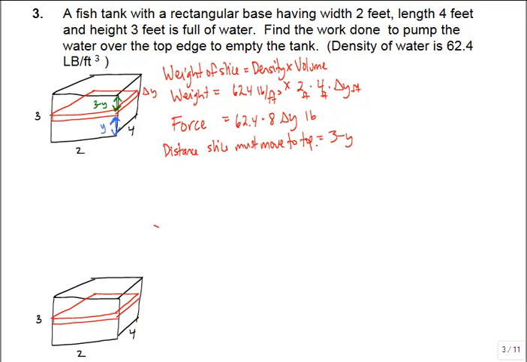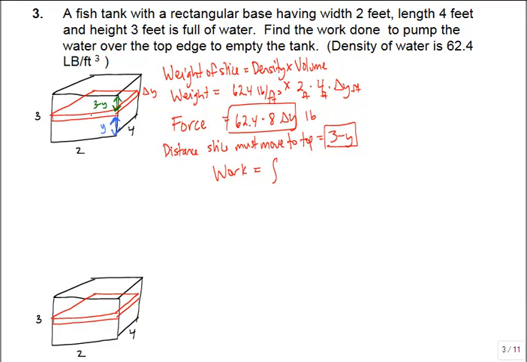Okay? So now that we know our force and our distance, we can write down our work, because our work is going to just be the integral of this force right here times our distance here. Now this delta y becomes a dy when we integrate.